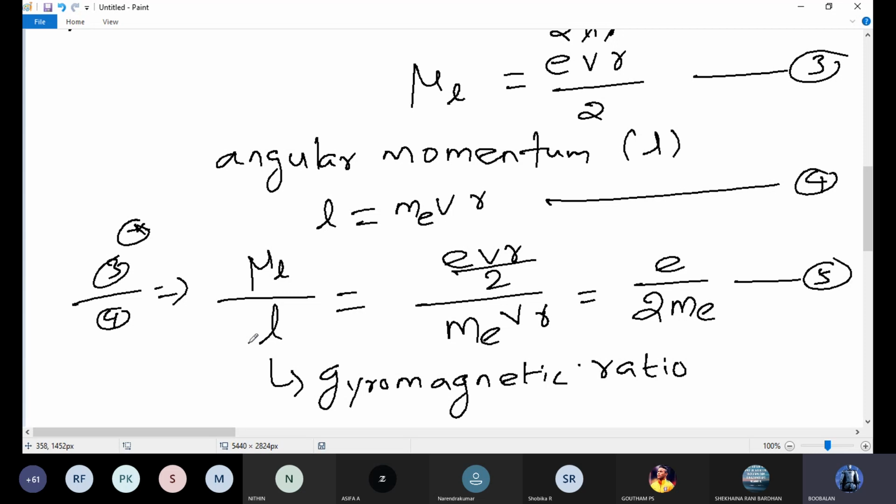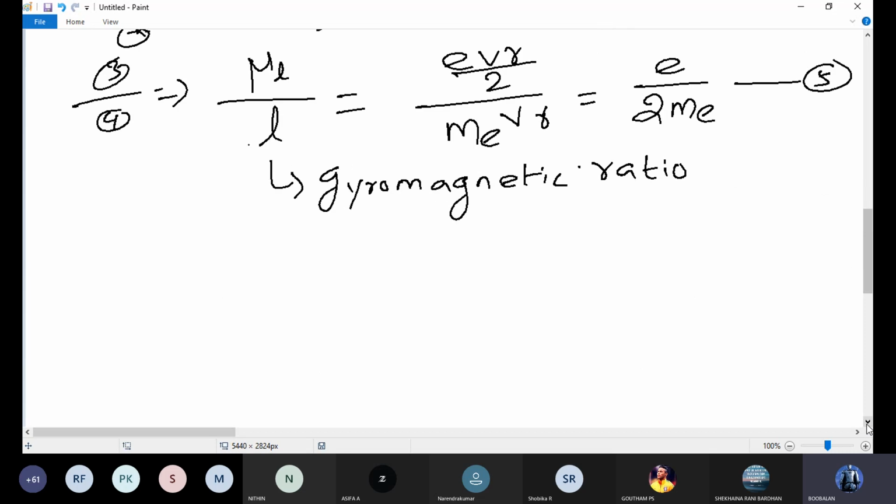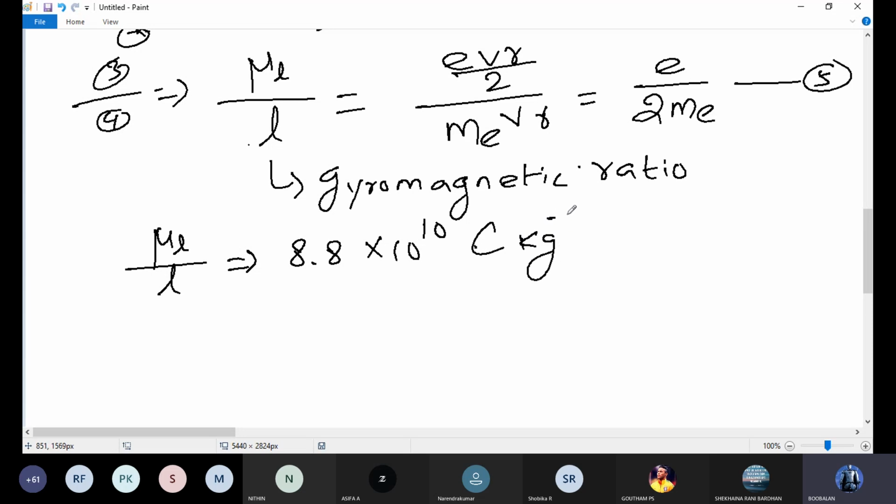The value of mu L divided by L is 8.8 into 10 power 10, not minus 10, that is 10 power 10 C kg inverse, Coulomb per kg. Because for the electron, the SI unit of charge is the Coulomb, and for m e, the mass, the SI unit is kg.